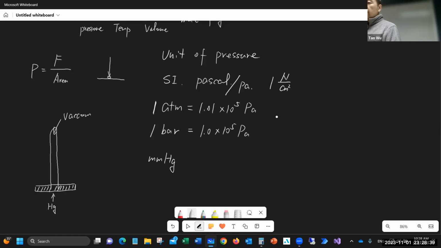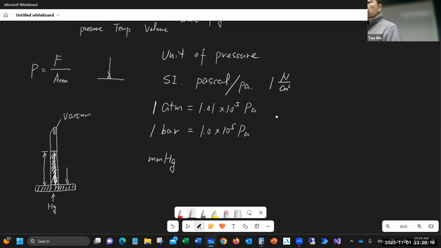Once the vacuum tube is put inside the mercury, since we have pressure coming from the air, the pressure of the air will push the mercury up to a certain level. The height of the mercury is going to be equal to the pressure of the air, because the reason we can lift the mercury is the pressure.